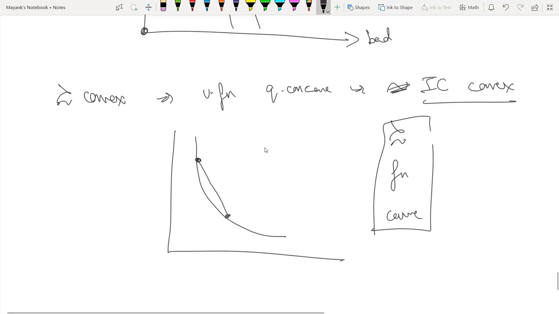So a curve being convex means when you connect any two points on the curve, the line segment lies above the curve. If you want to imagine a convex curve in three dimensions, imagine a kadhai. That's a convex curve. You connect any two points on the kadhai, that segment will lie above the kadhai.